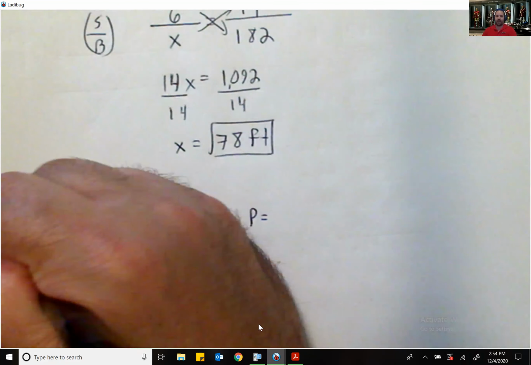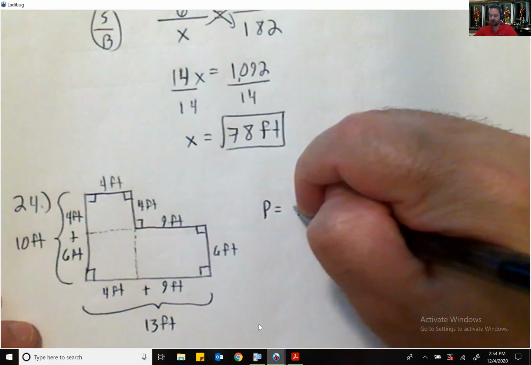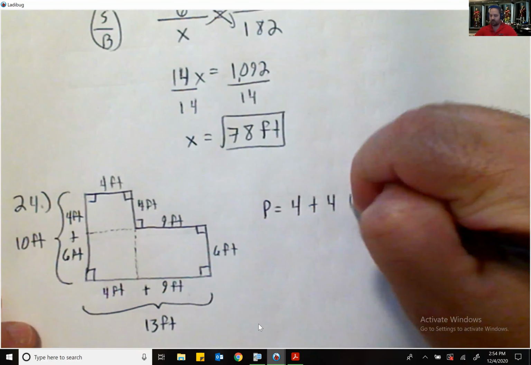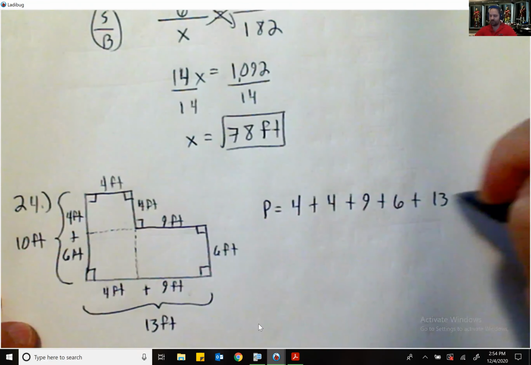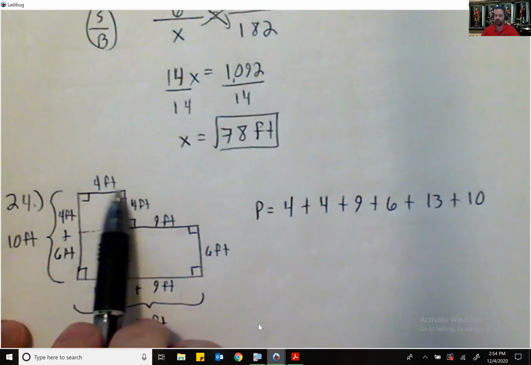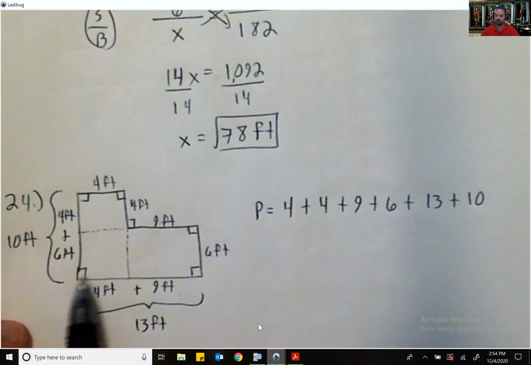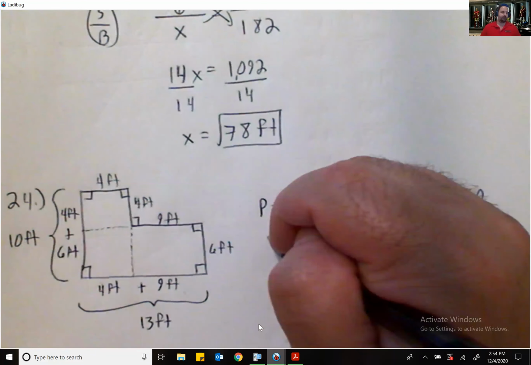Now all we do is just add, like what Jody said. 4 plus 4 plus 9 plus 6 plus 13 plus 10, because perimeter means all around the outside. What do we get?